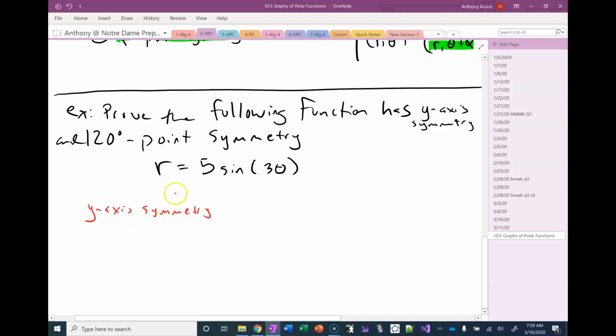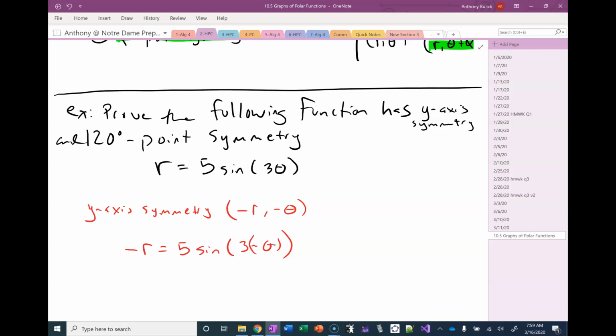For y-axis symmetry, remember, we want to replace r and theta with negative r and negative theta and show that we get the same function back, namely that this is going to simplify down to be r equals 5 times sine 3 theta.